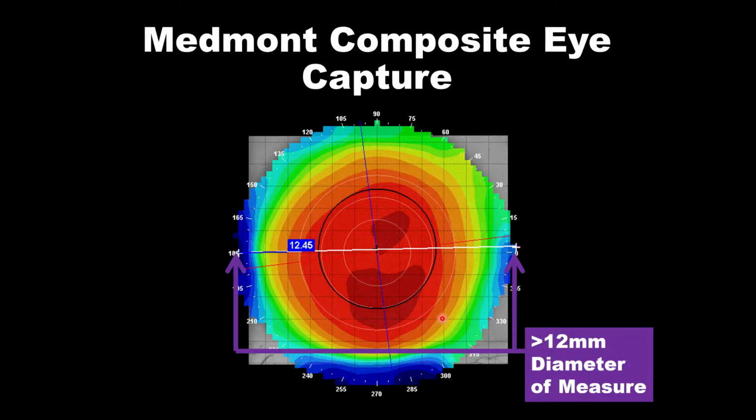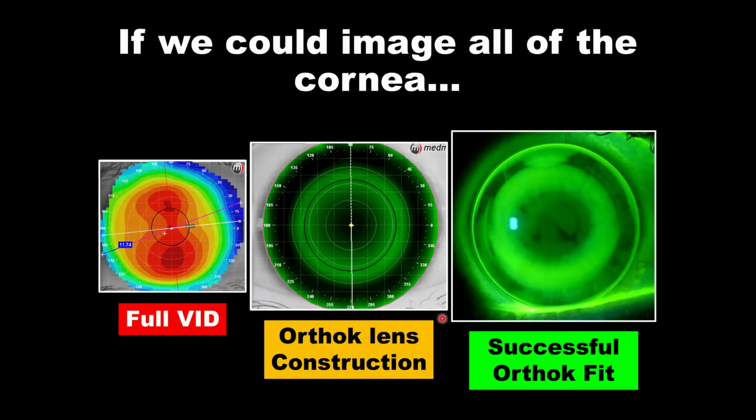In this particular patient, we're able to get a 12.45 millimeter visible iris diameter, an incredibly large area of capture. So this is a very unique feature that's available in the Medmont that no other topographer can do to help you understand the broadest area of the cornea possible.